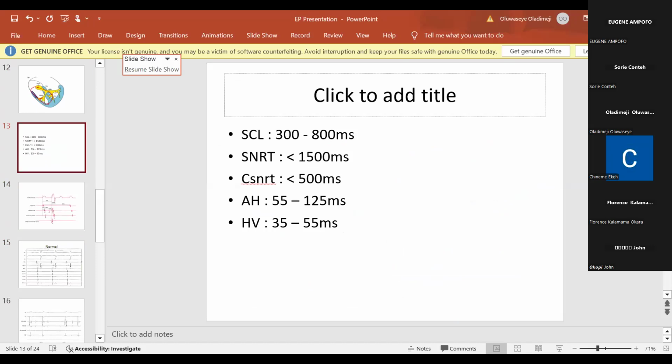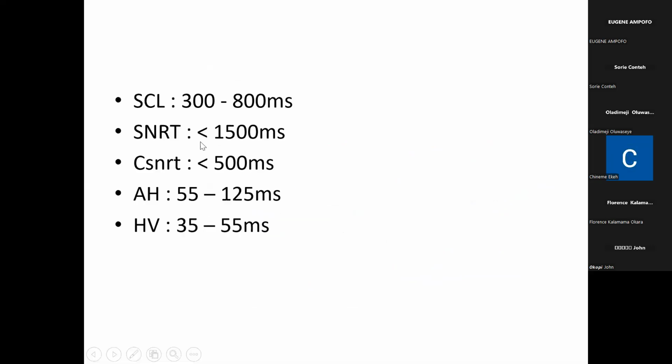So we're just trying to emphasize the interval we're talking about here. So AH simply tells you the time interval between the atrium and the His bundle. So that is testing the property of the AV node itself.